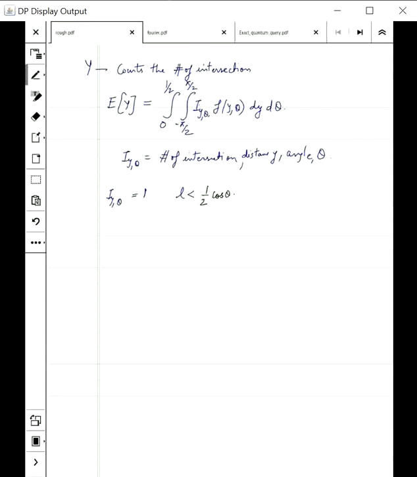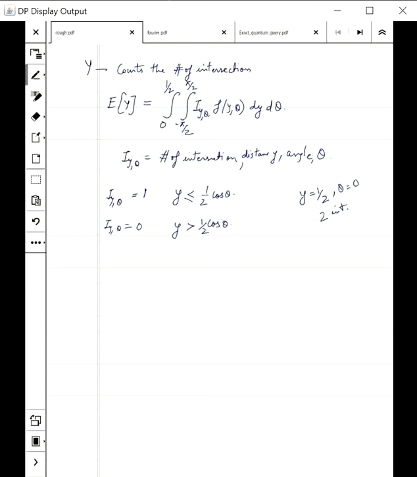I(y, theta) is 0 if, this is not L, this is y, y is greater than half cos theta. Okay, there is a boundary case, which is that when y is equal to half and theta is equal to 0, in this case I will have two intersections. But remember that the boundary case is not very important for us. That will contribute 0 in this integration, so we will not worry about it.